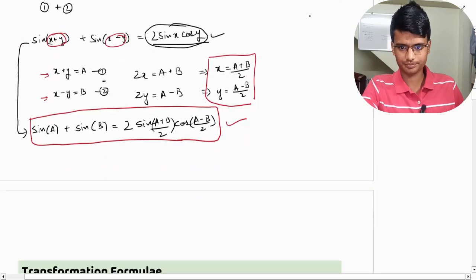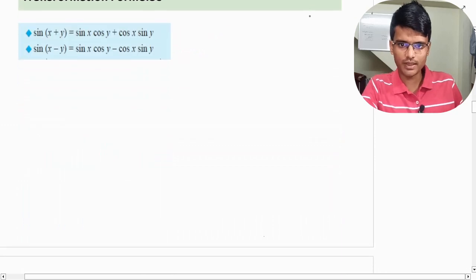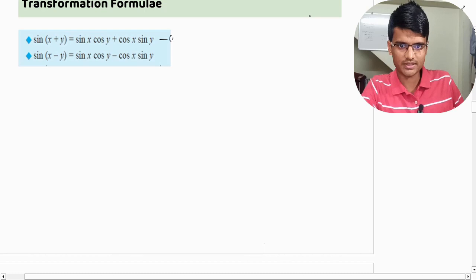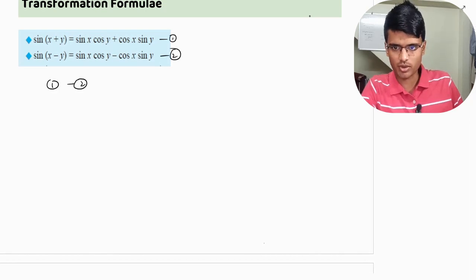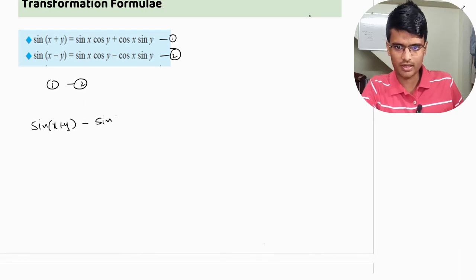Similarly, in the last slide I did the addition. If I subtract 1 and 2, I'll get sine of x plus y minus sine of x minus y equal to 2 cos x sin y.